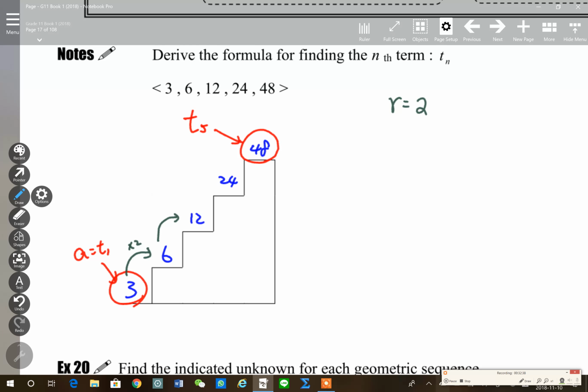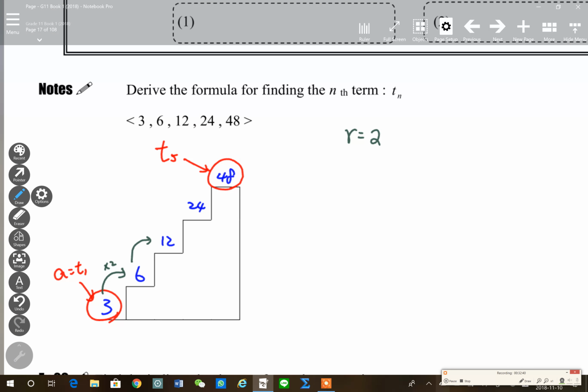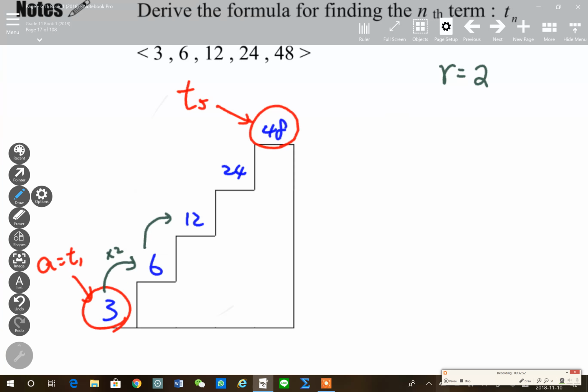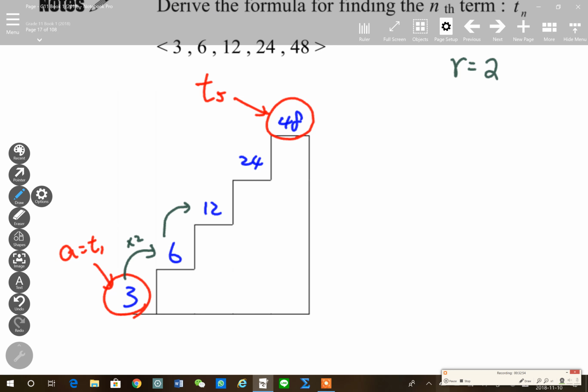So if I want to climb the stairs and get to here, starting from 3, I need to times it by 2. How many times? 4 times. 1, 2, 3, 4.